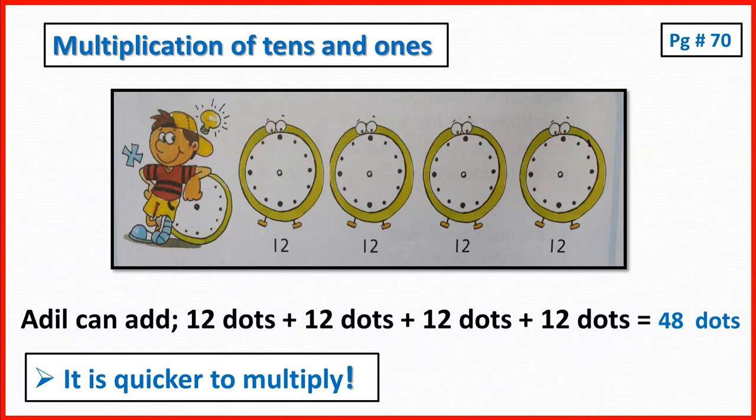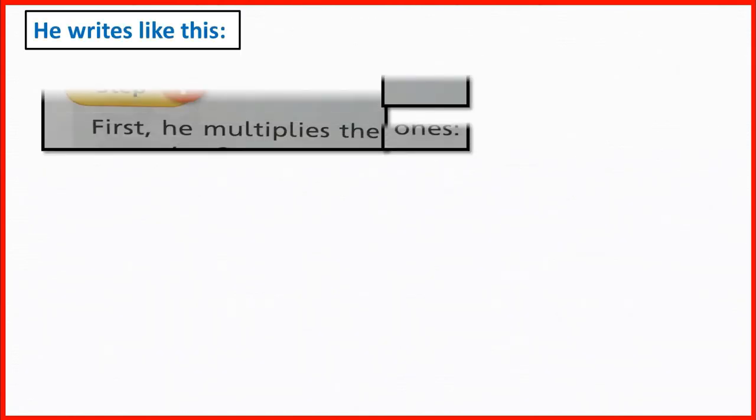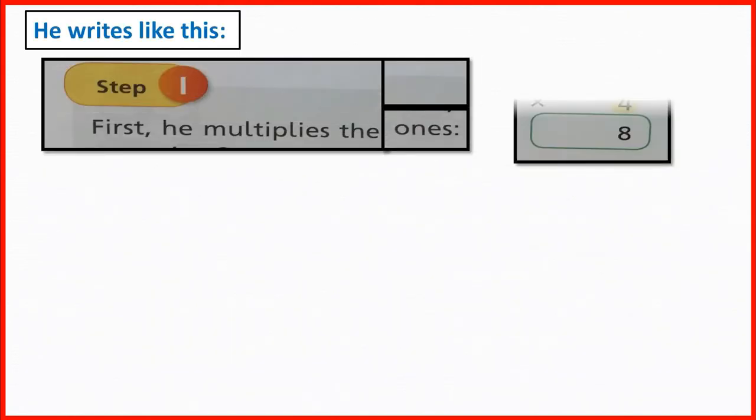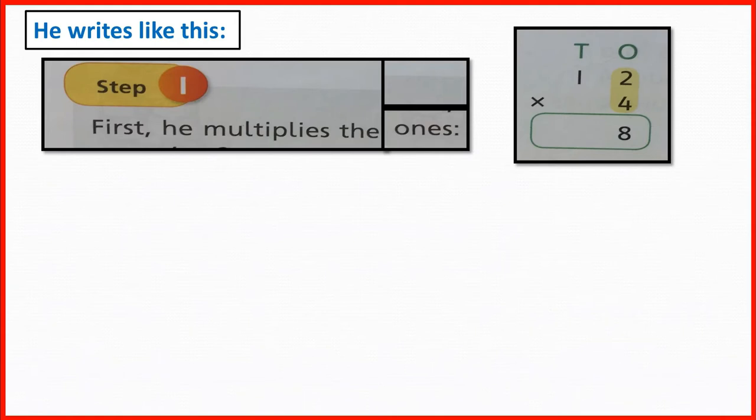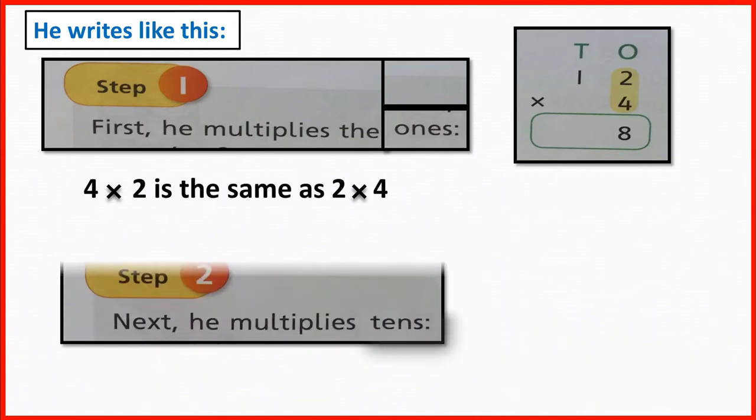He writes like this. Step 1. First he multiplies the ones. 4 2s are 8. One most important thing is that 4 2s are 8 is the same as 2 4s are 8. Now step 2.